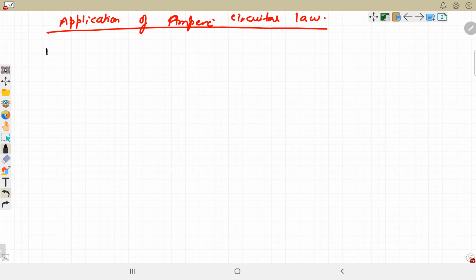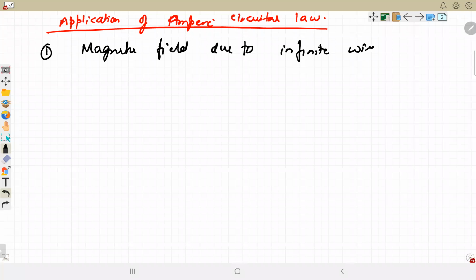Two cases we have done. First, the magnetic field due to an infinite wire. Infinite wire magnetic field will be symmetrical, not for a finite wire. So we cannot use this for a finite wire.